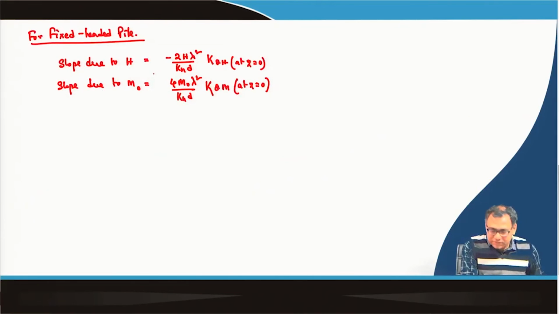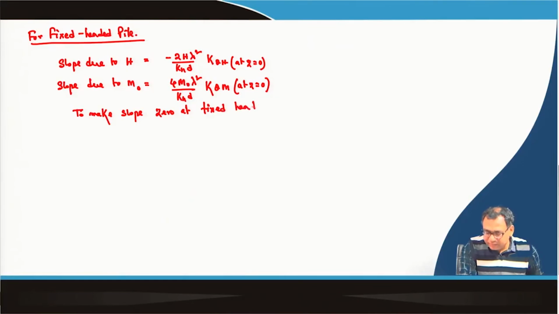So, to make the slope 0 at the fixed end, we have to equate these two slopes. That means, 2 H lambda square divided by k h d k theta h at z equal to 0 will be equal to 4 M0 lambda square divided by k h d k theta m at z equal to 0.